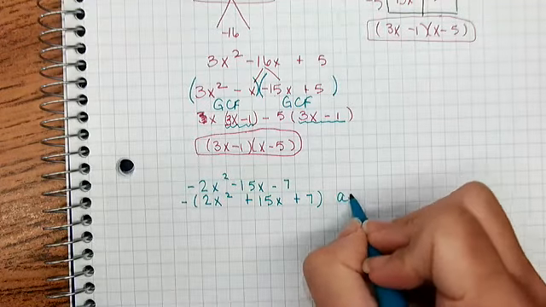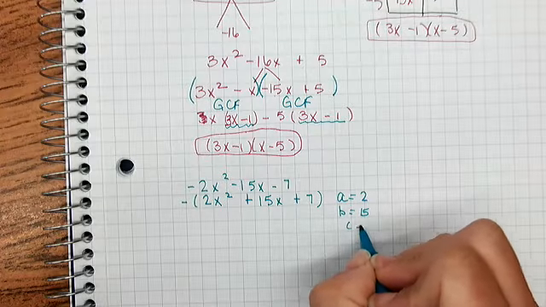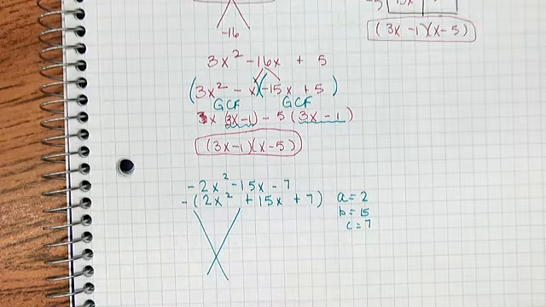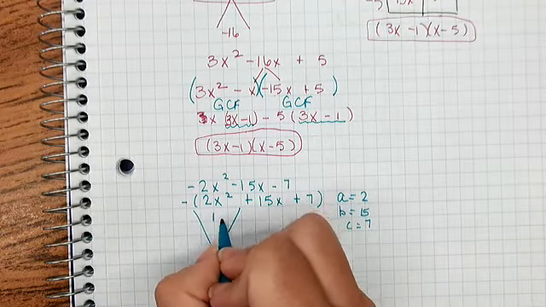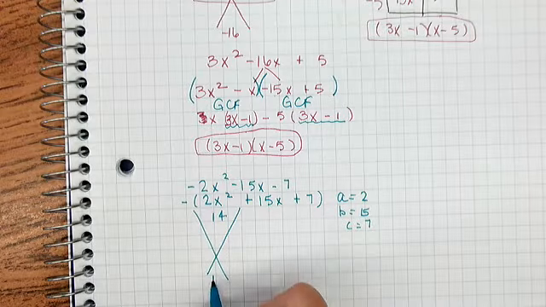A is 2, B is 15, C is 7. AC on the top, 14. B on the bottom, 15.